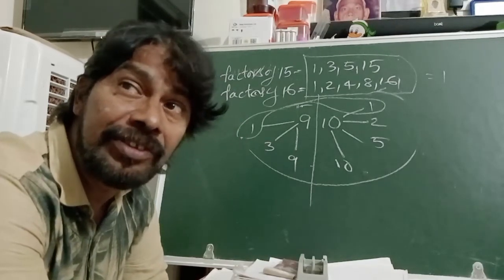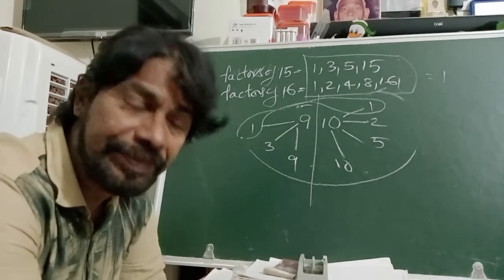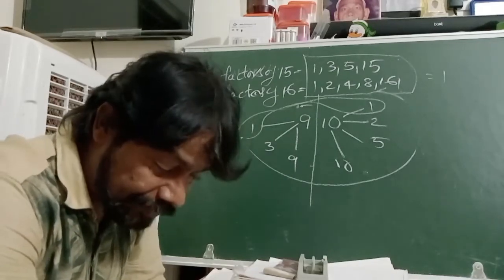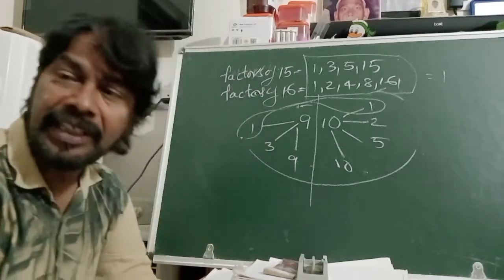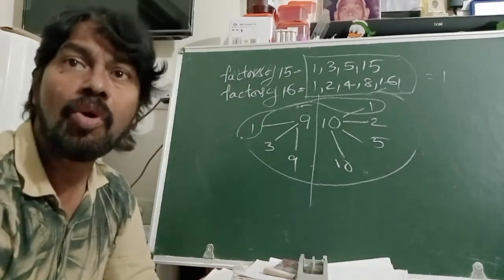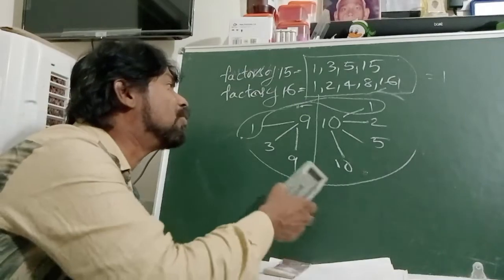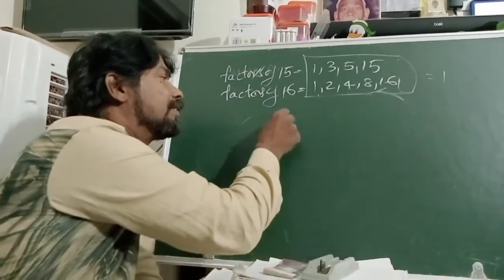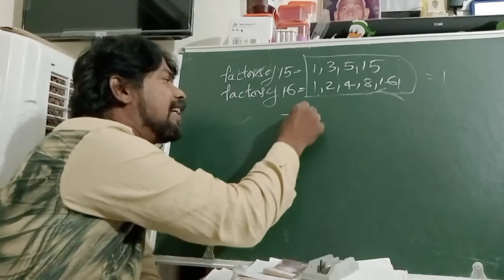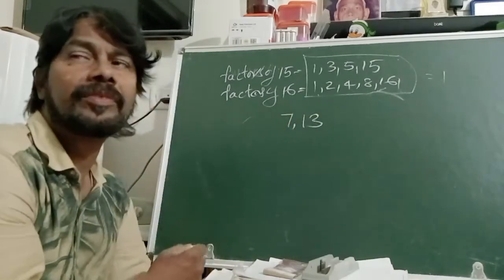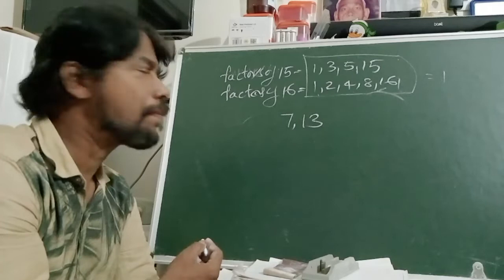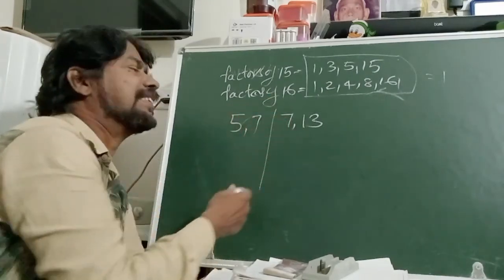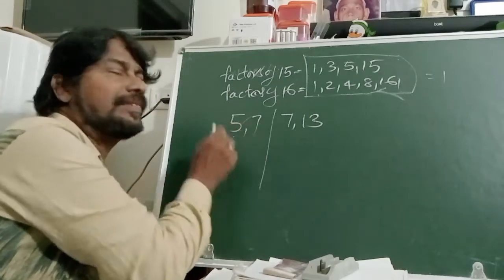Not only consecutive numbers. If you take any two prime numbers, they are always co-primes. Take 7 and 13, two prime numbers, or 5 and 7.